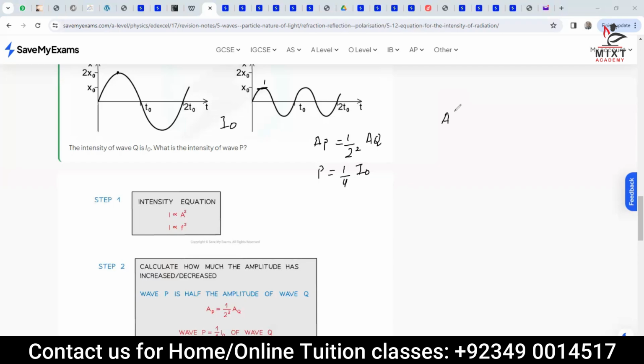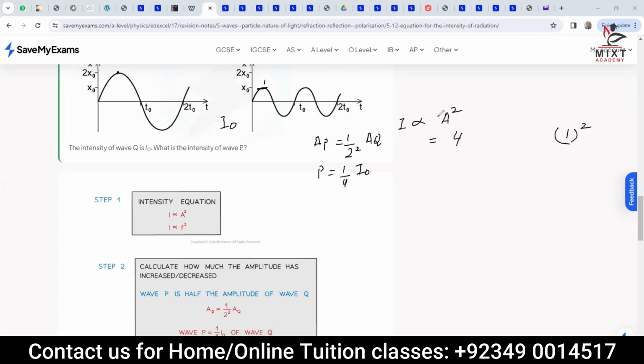We already know that the formula is intensity is directly proportional to amplitude square, right? If I place 2 here, it will become 4. If I place amplitude 1 here, it will be 1 square. So basically, frequency of both the waves is the same. Frequency is no difference. Only difference is amplitude.